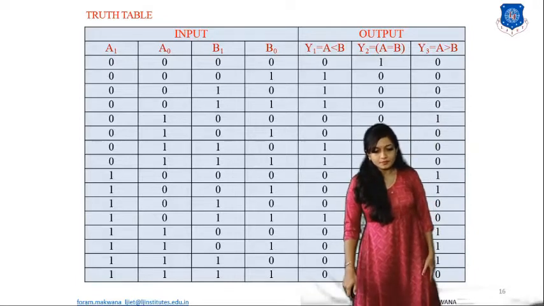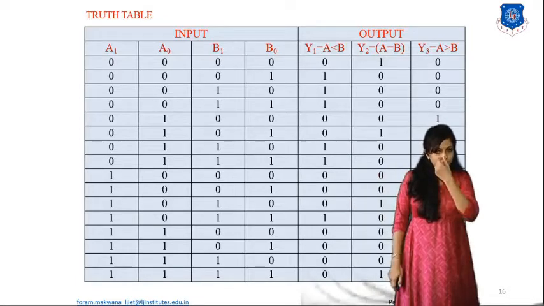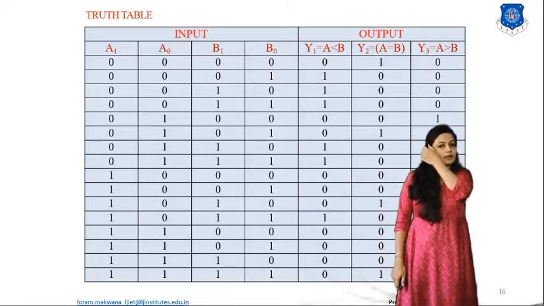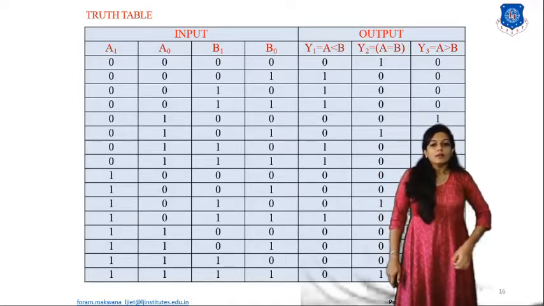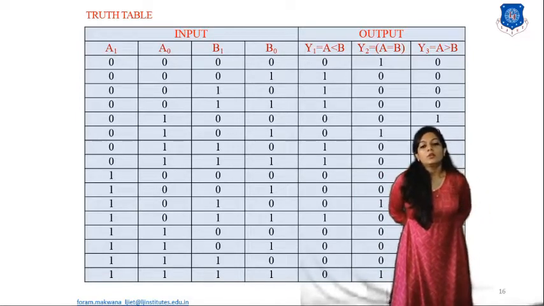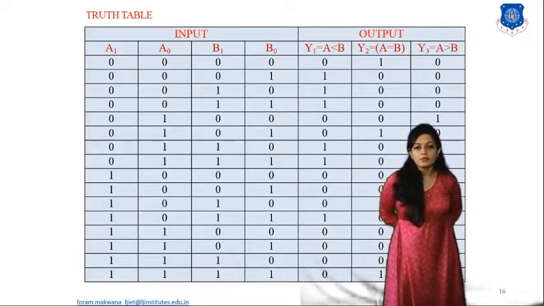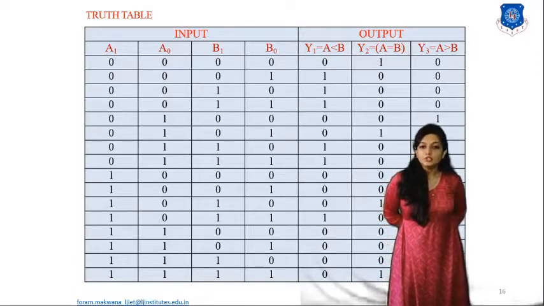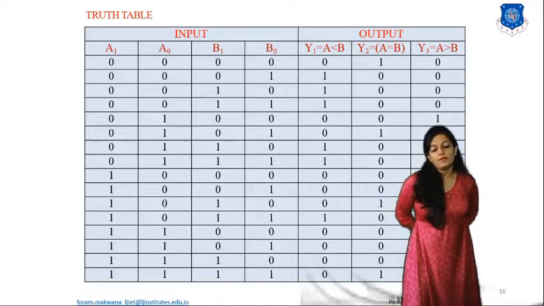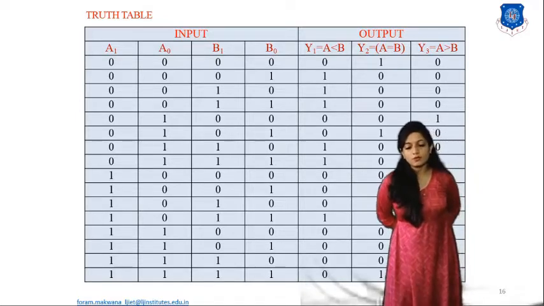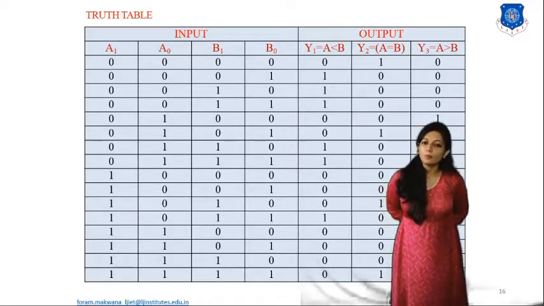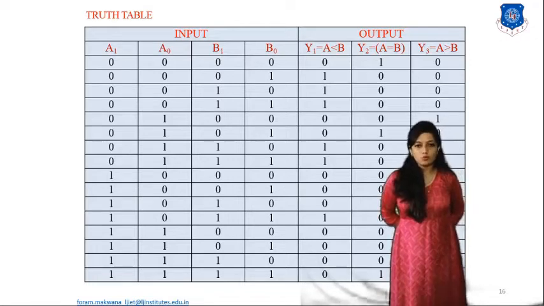Right? So over here we can say that there are a total of 4 inputs, 2 inputs each having 2 bits. Total 4 bits are there. The combinations are 2 raised to 4, it is 16.